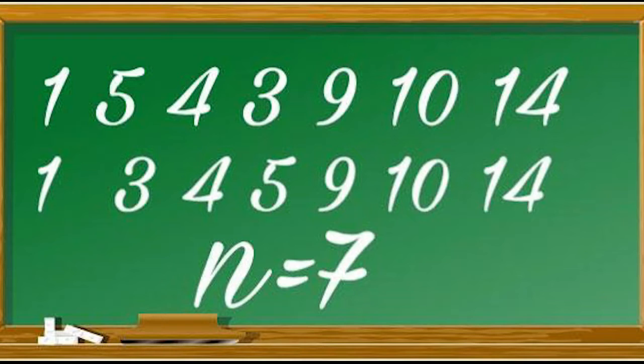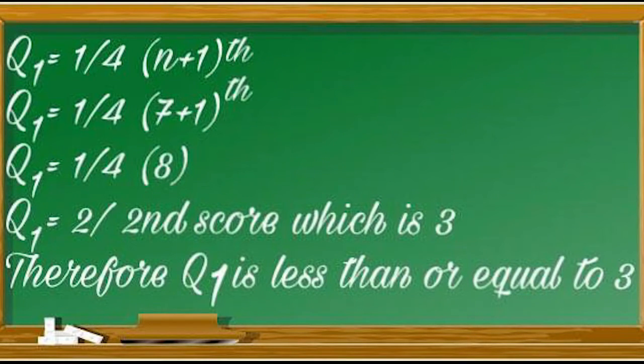N is equal to 7 because the total number of the data is 7. Quartile 1 is equal to 1/4 of n plus 1. Quartile 1 is equal to 1/4 of 7 plus 1. Quartile 1 is equal to 1/4 of 8. Quartile 1 is equal to 2, equivalent to the second score, which is 3. Therefore, quartile 1 is less than or equal to 3.